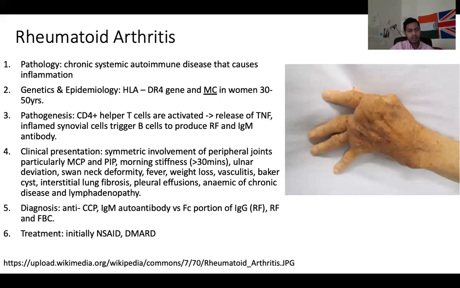There's usually a symmetric pattern, so if your right is affected, your left will also be affected, and it tends to affect the most peripheral parts of the joint. So it tends to affect the metacarpophalangeal joint and then the proximal interphalangeal joint.